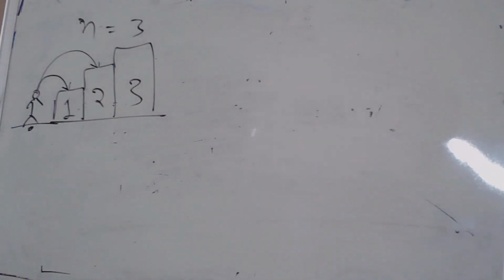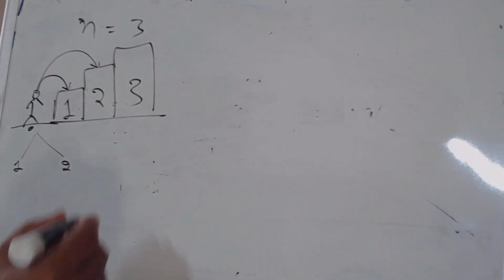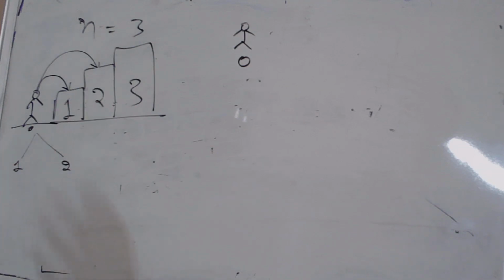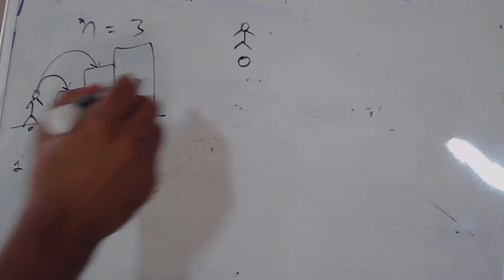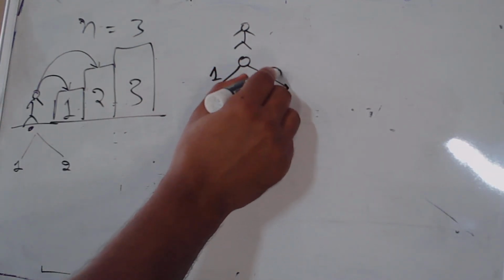So at every step he will have two choices, either one step or two steps. Keeping that in mind, if we draw a decision tree, it will look like this: the guy starting from the 0th step. Either he can take one step or he can take two steps.